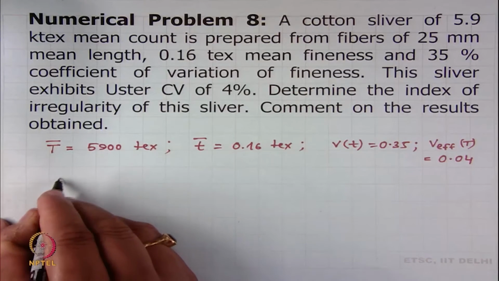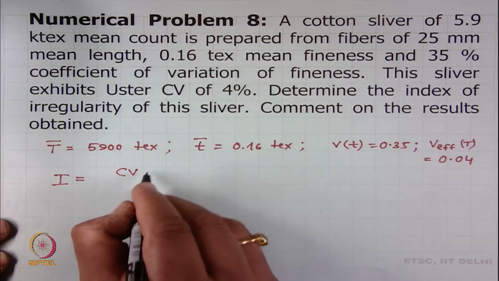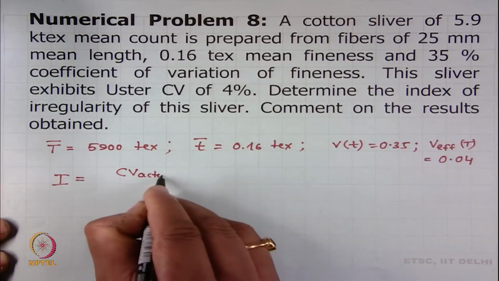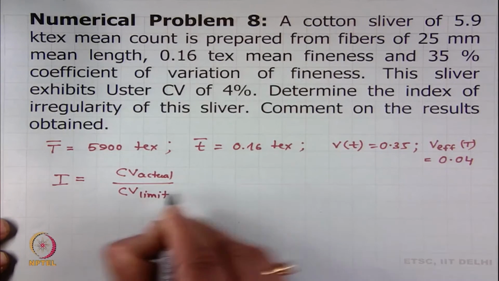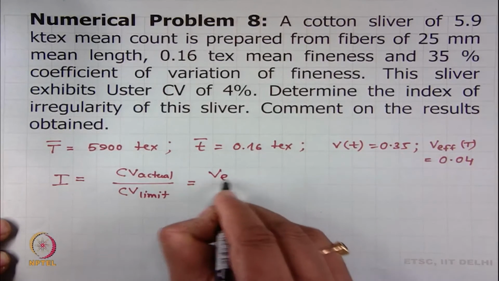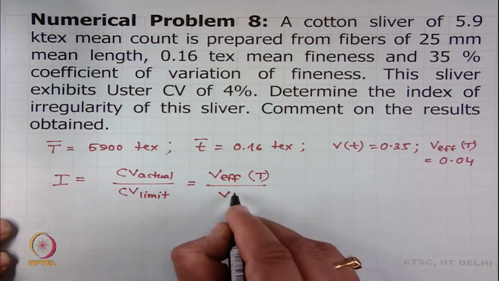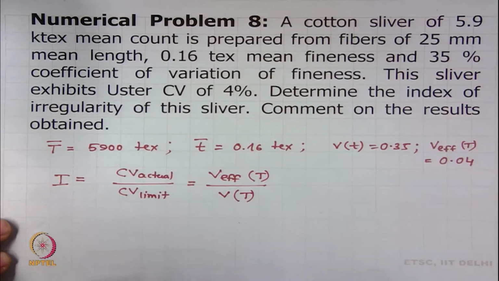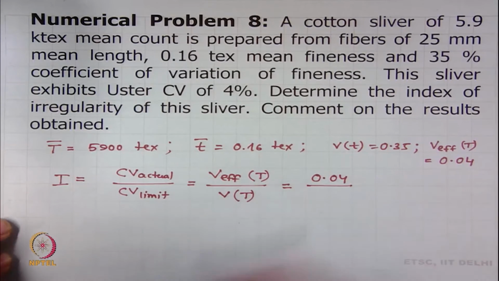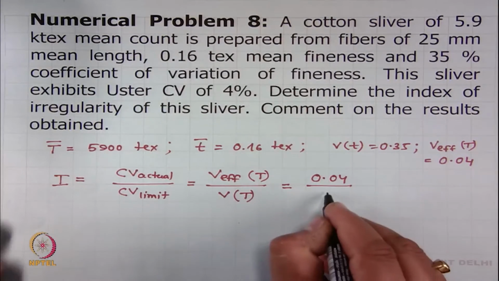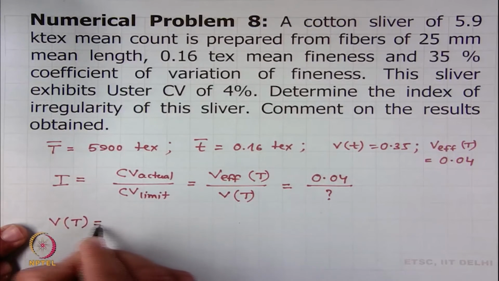All right. Index of irregularity, actual by limit, in terms of our symbol, by limit. So, this value is given, this value is not given. So, we have to find out this value using Martindale's model.